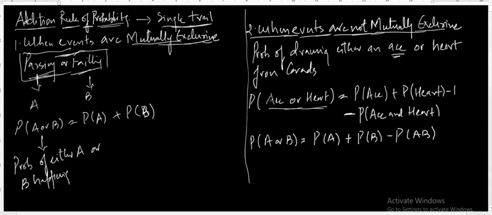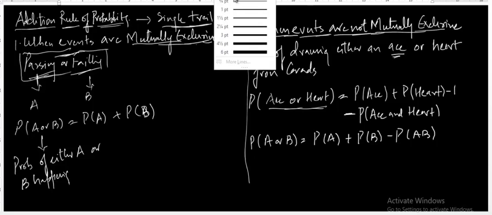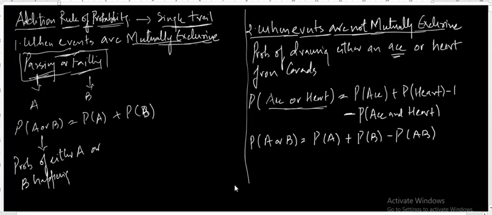Now let me write it down. This is the probability of A or B happening when A and B are not mutually exclusive.